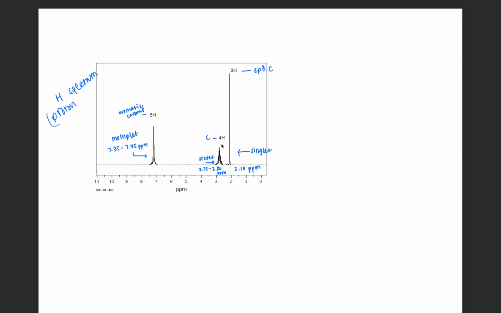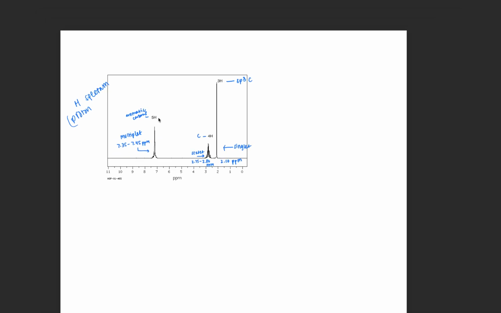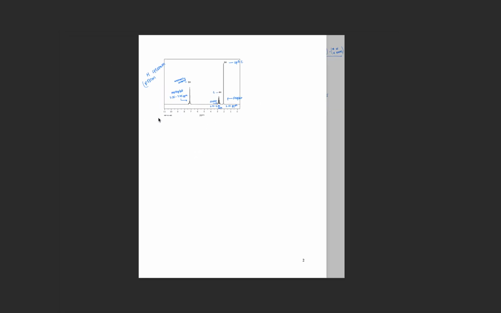Here we have 4 hydrogens bonded to carbon. And lastly, at 7.35 to 7.45 ppm, we have a multiplet, and that is our 5 hydrogens bonded to aromatic carbons.